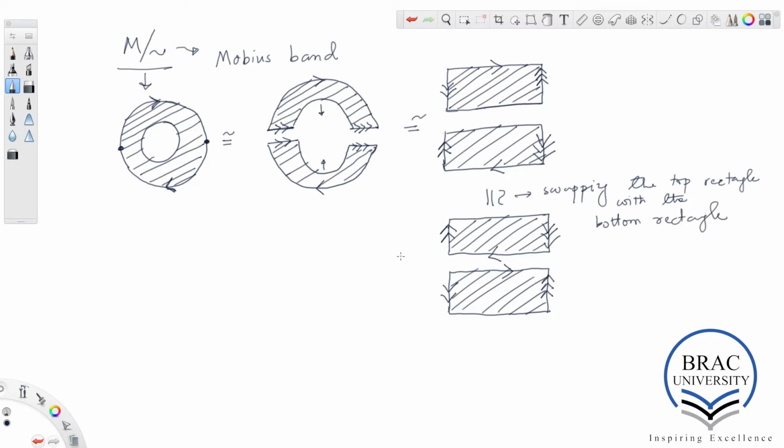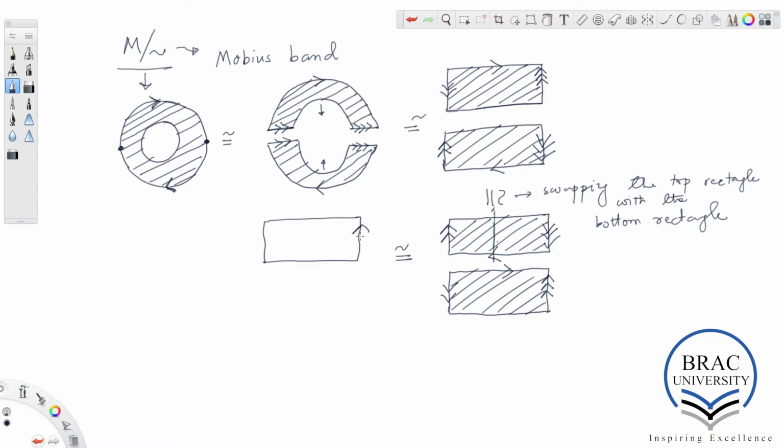Okay, now this is going to be the same as, now I am going to, since these two rectangles are dissociated from each other, I can always reflect the top rectangle about this vertical line, and that gives me the following top rectangle.